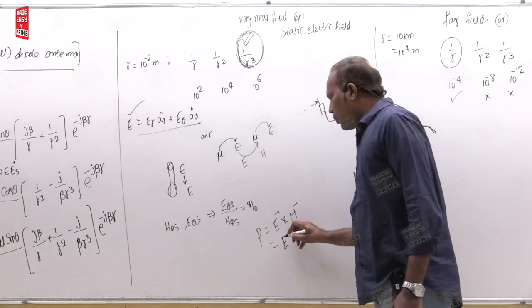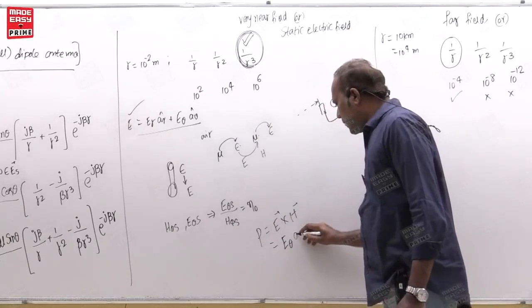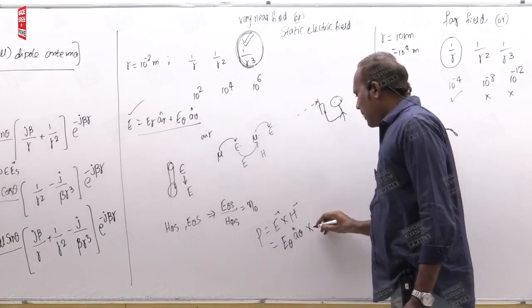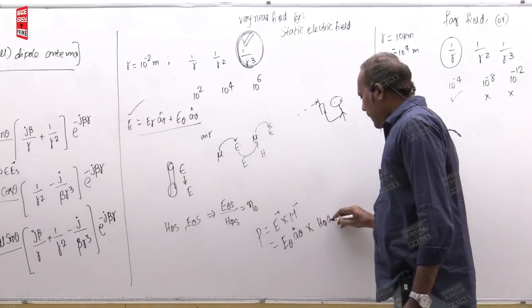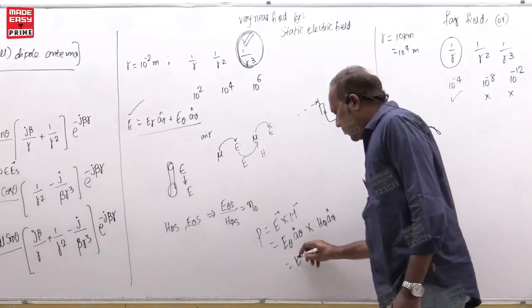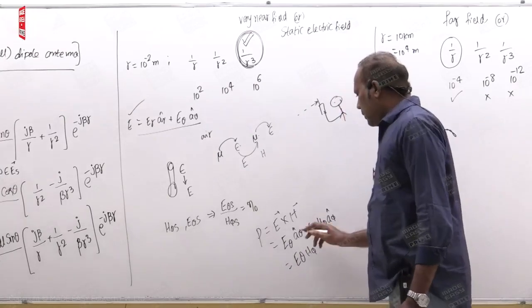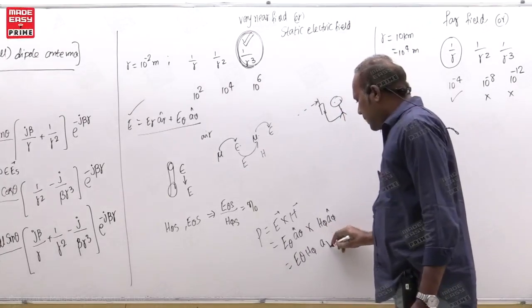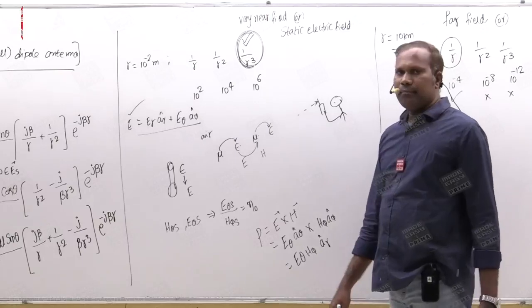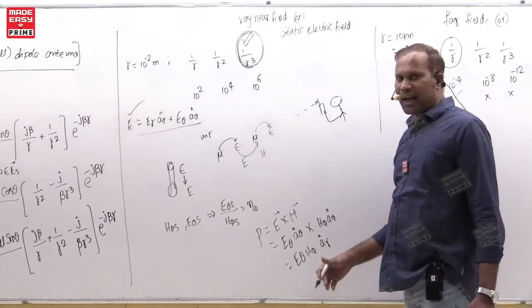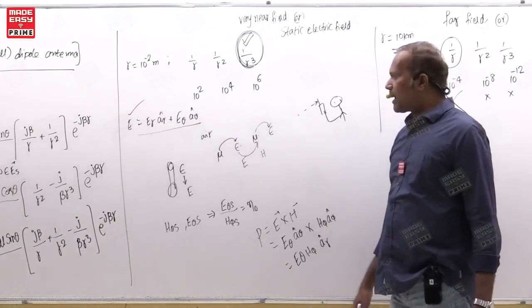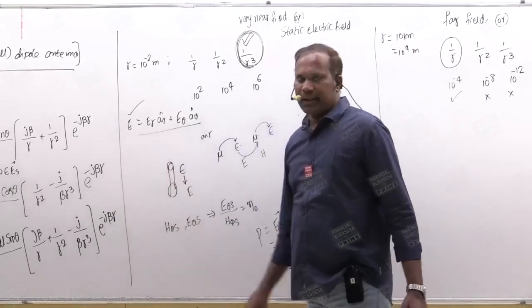E bar has only the theta component, E theta A theta. H bar is H phi A phi. Now E theta H phi, A theta cross A phi is A r cap. That means power is flowing in the r direction. Yes, it has to flow because the wave is traveling in the r direction.